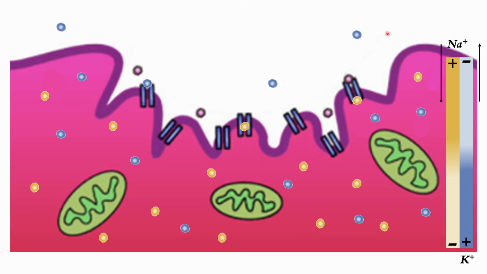This positive difference will cause an end plate potential. An end plate potential causes the depolarization of the muscle cell, which can trigger another action potential, and because this occurs at the motor end plate, this second action potential will spread across the entire sarcolemma. When this happens, it is the beginning of excitation-contraction coupling of the muscle cell.